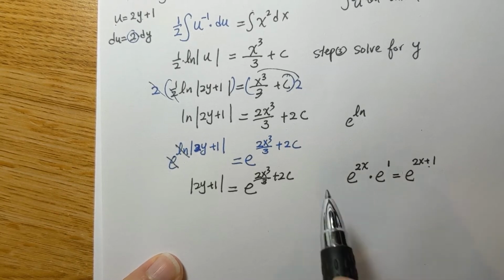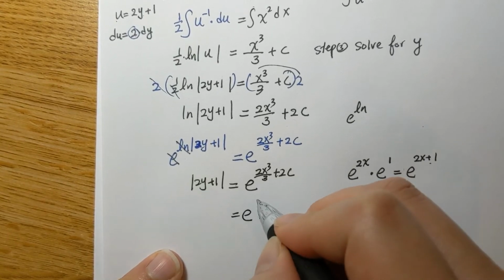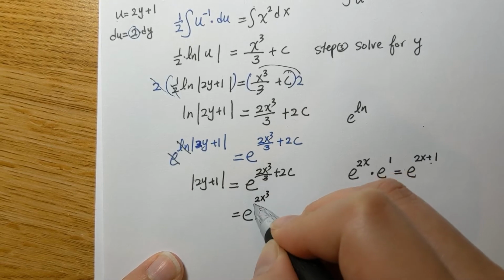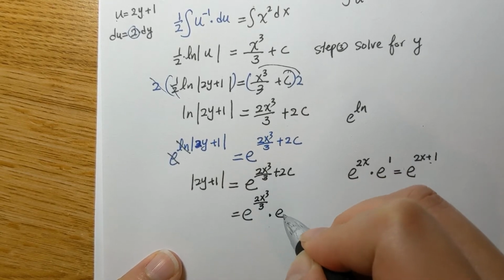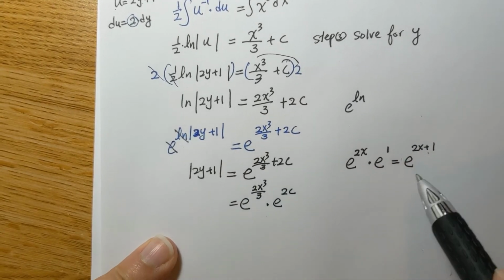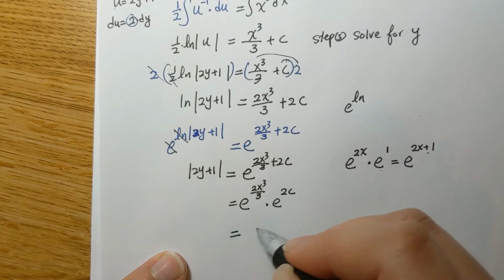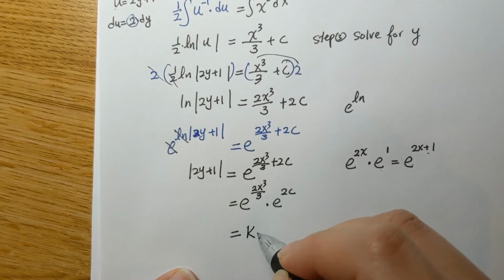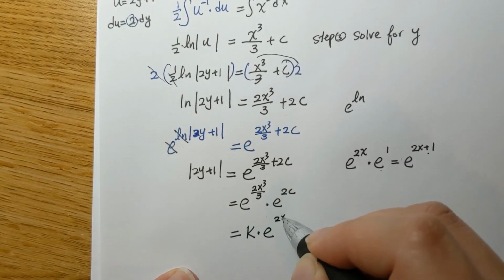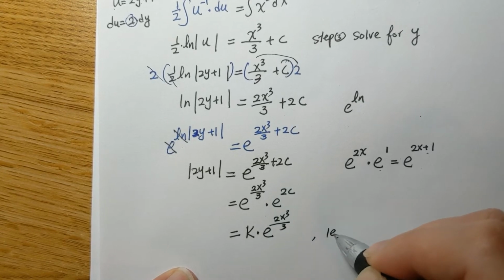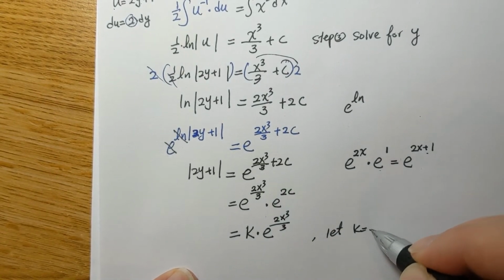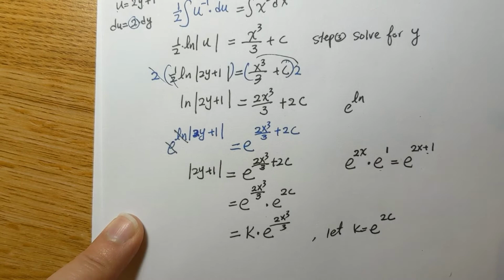So what we're going to do is e to the 2x cubed over 3 times e to the 2c. When we do it in algebra 1, we go forward. Now we go backward. So now we are going to say k times e to the 2x cubed over 3, where we let k equal e to the 2c.